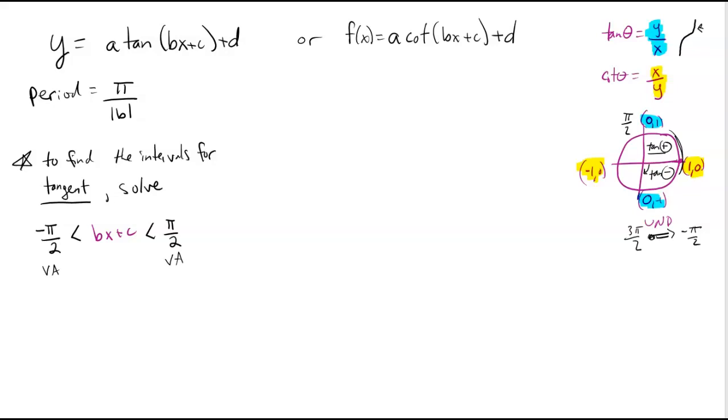When there is no B and or C, your intervals will always be these numbers: negative pi over 2, negative pi over 4, 0, pi over 4, and then pi over 2.